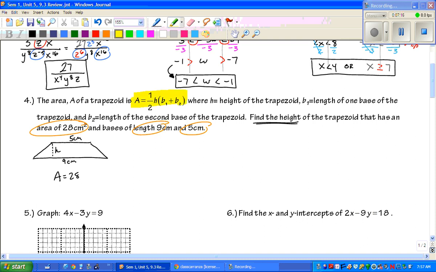Now we're going to plug all of the information into this formula. So we know that the area is 28 equals 1/2 height, times 5 plus 9. So we do the parentheses first. 5 plus 9 is 14.